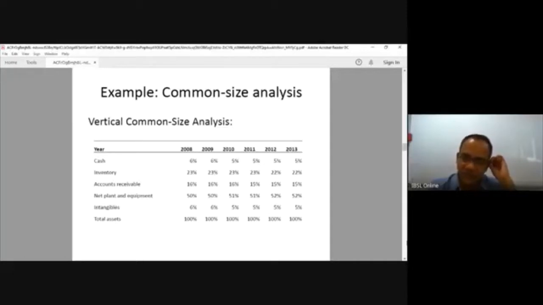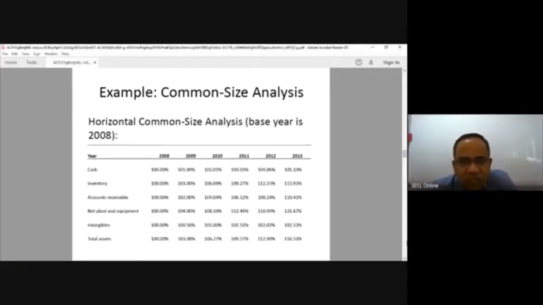So looks like the company has invested more in the plant and equipment, right? And so the inventory and cash as a percentage of the total assets has come down by 1%. So you derive something from it. Intangible assets also have come down. So this is a common size analysis, vertical common size analysis.